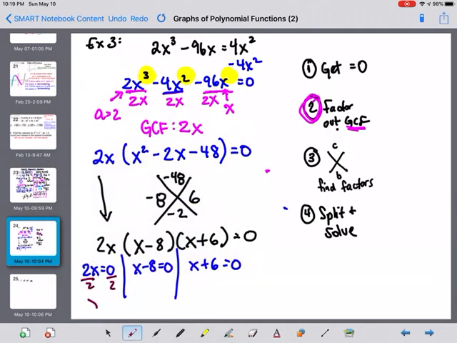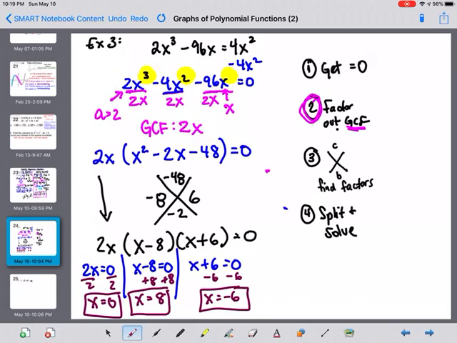And now we just solve each one. Divide by 2 on both sides. X equals 0. Make sure you show this last step in your notes. Okay, a lot of people were skipping it and then they lost points because of that. Minus 6, and so x is equal to negative 6. These are your 3 roots, meaning that the graph crosses at 3 places on the x-axis.